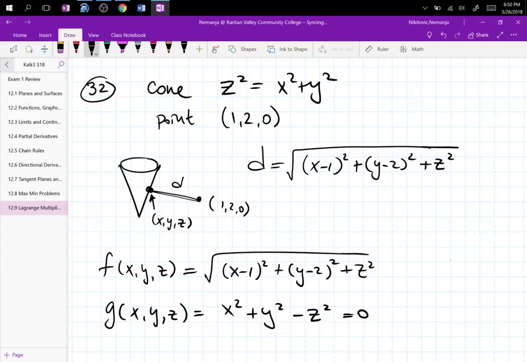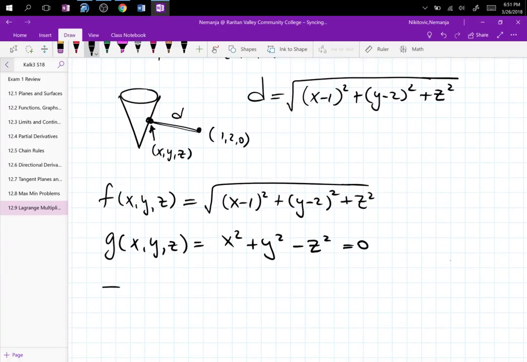You can use the original constraint when you start solving equations. But this is your set of 2 equations, and now you do your del f, del g, and all of the good stuff. Clearly we are looking for the shortest distance between a point and an object. The object becomes the constraint, and the distance is the objective function because that's the one you are minimizing.